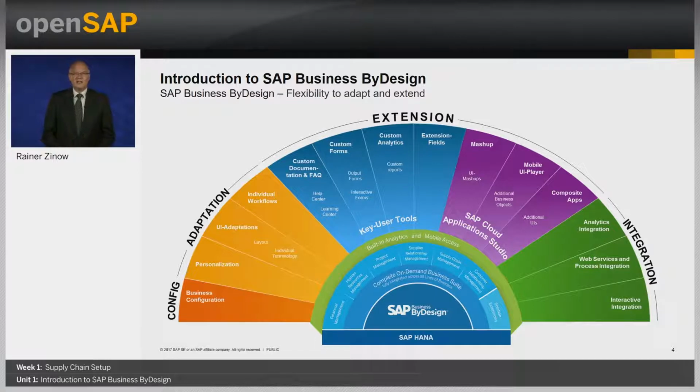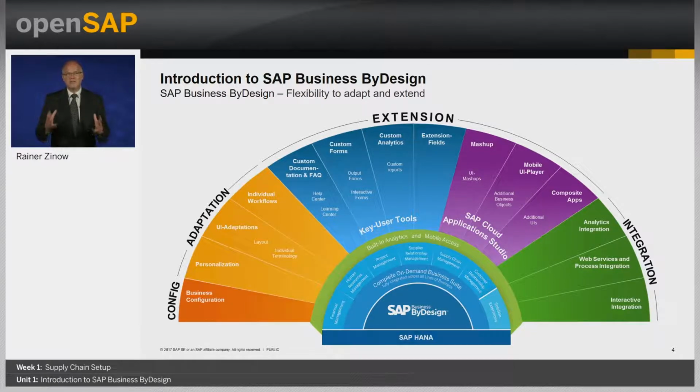I've already touched a little bit on the first slide on this topic of extensibility. When we sat together around 2004 and thought about what Business by Design shall be all about, we said it must be open, it must be extensible, it must be easy to deploy, and first and foremost, we wanted to empower the customer to do most of the adaptations on their own.